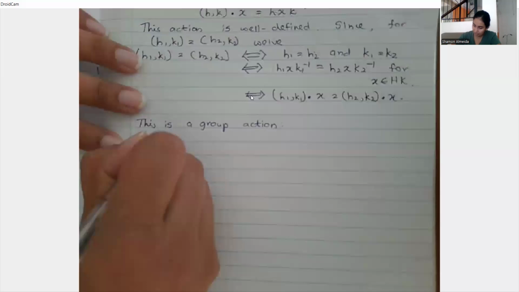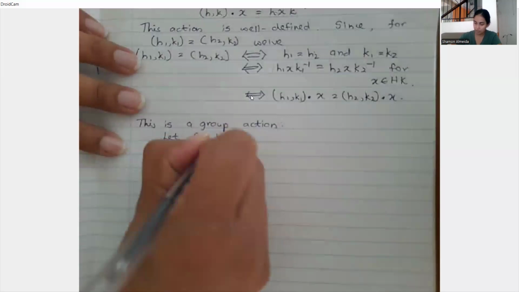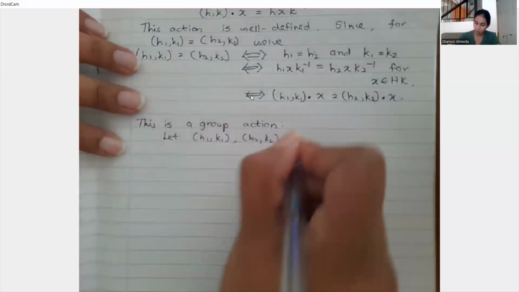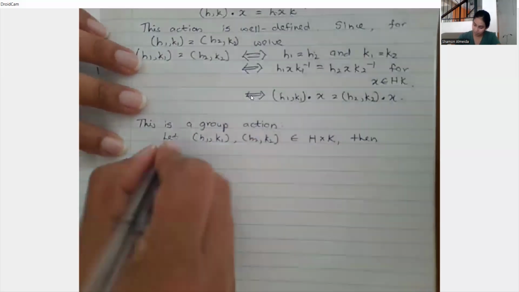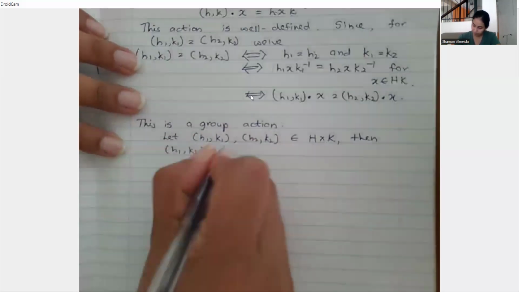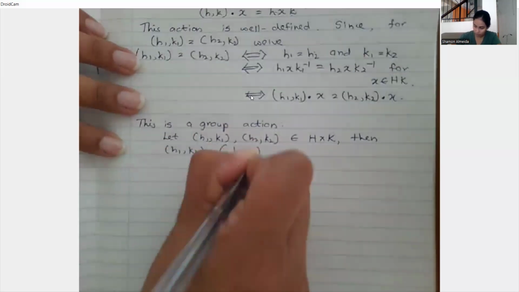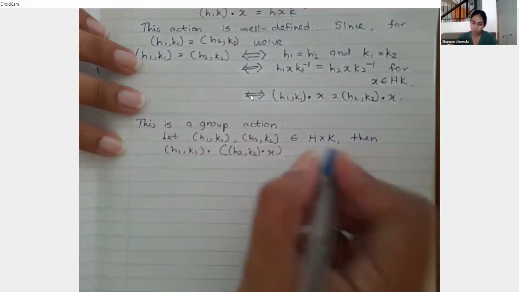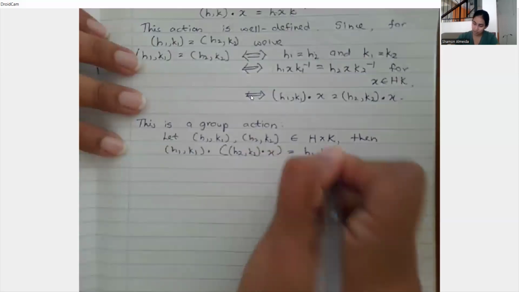So let's take (h1, k1) and (h2, k2) from the group H cross K. Then we have (h1, k1) dot ((h2, k2) dot x) for x in the set HK.